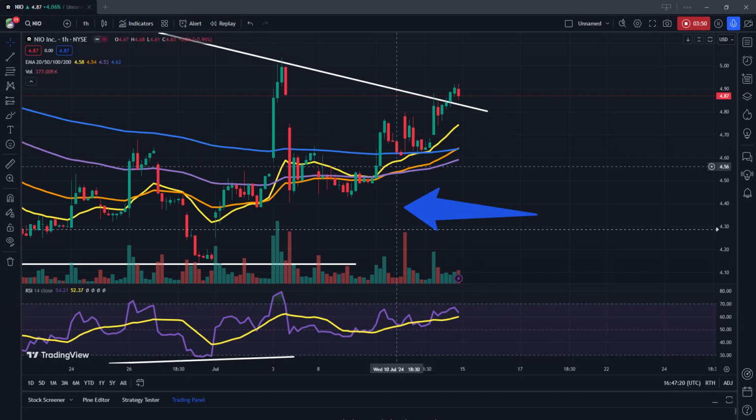So here we can see that the yellow line is crossing above the blue line, which is the 200 period exponential moving average. So in other words, the 20 period EMA is crossing above the 200 period EMA. This on its own is a bullish signal. A shorter term moving average crossing above a longer term moving average is a highly positive event, and it does suggest that prior downtrends have run their course.